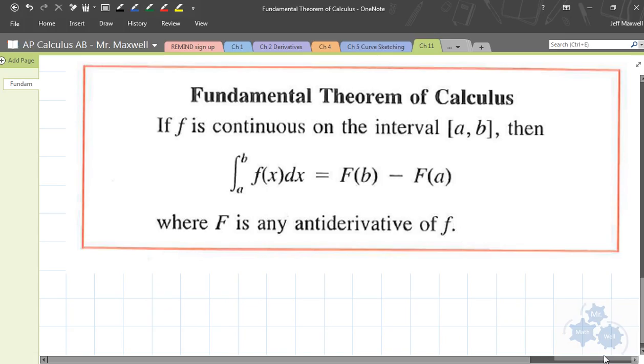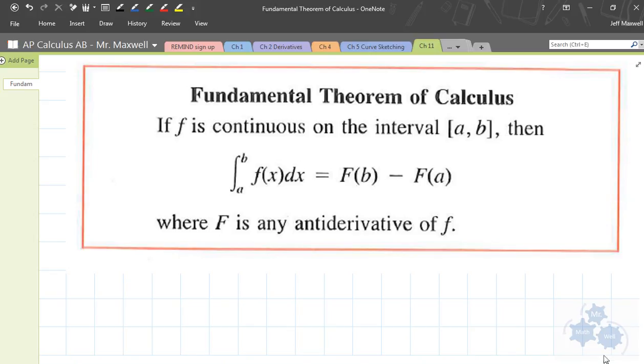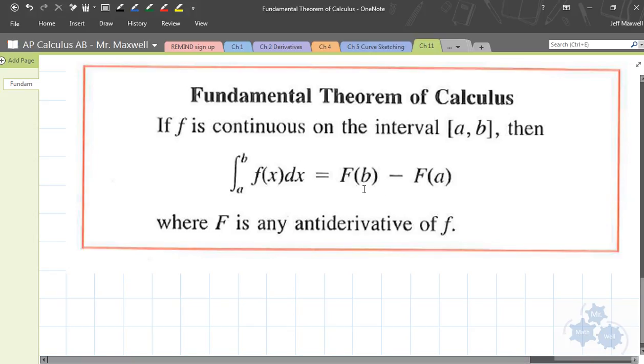All right, the fundamental theorem of calculus basically means this: if we have a function that is continuous, so we don't have any jumps or asymptotes in the middle of this interval, but a regular function that's continuous all the way from the lower limit a to the upper limit b, then this symbol that we just learned, the integral symbol, means that we want to find the area.